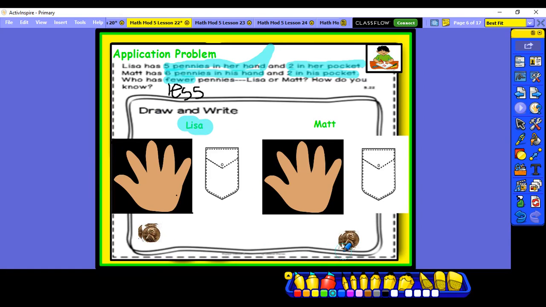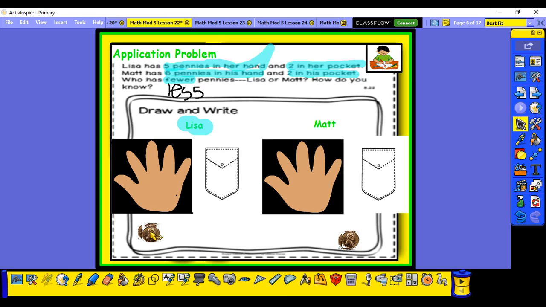Let's look at Lisa. How many pennies did Lisa have in her hand? 5. She had 5 pennies in her hand. Let's put 5 pennies by Lisa's hand. 1, 2, 3, 4, 5.